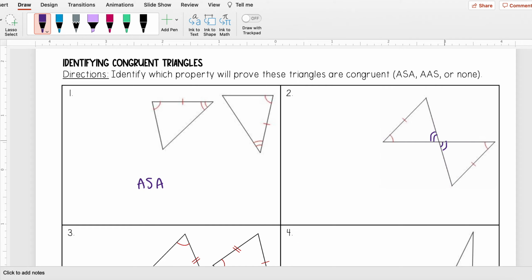So I have 2 angles that are congruent and a side. Now I need to look and see whether that side is included or not. And I see that this side is not between my 2 angles. It's not over here. It's on that non-included side. And so that means this one will be by angle, angle, side.